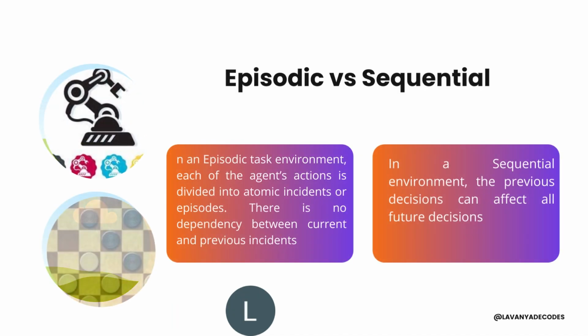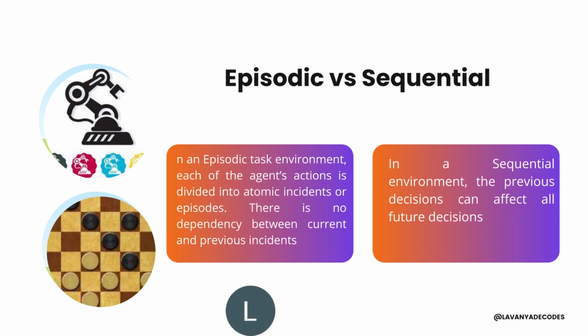Episodic or sequential. In an episodic task environment, each of the agent's actions is divided into atomic incidents, or we can say episodes. There is no dependency between the current state and the previous one. In each episode, an agent receives input from the environment and then performs a particular action. For example, a robot used to detect defective parts on a belt.